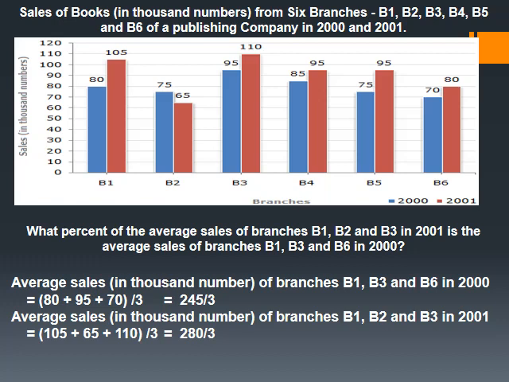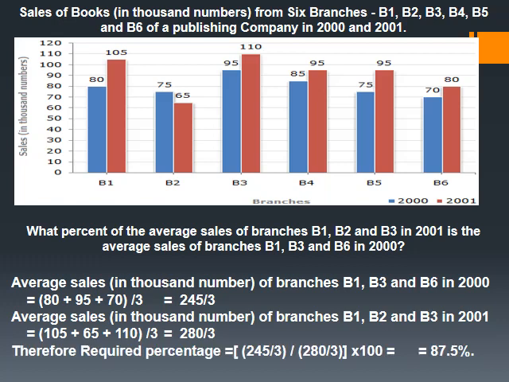Then you divide 2001 by 2000, that is 245 by 3 divided by 280 by 3. Multiply by 100 will give the percentage. So you get 87.5%.